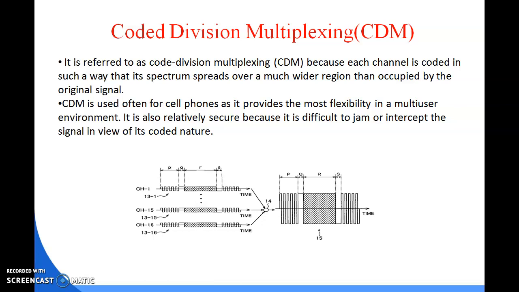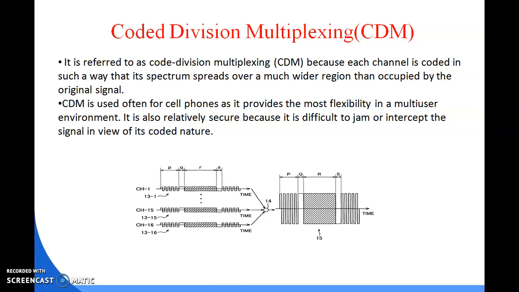According to the figure, all the signals are in coded nature, and the coding is such that its spectrum spreads over a much wider region than that occupied by the original signal, right? So why is code division necessary? It is required to increase the spreading area of the spectrum over a much wider region than occupied by the original signal.